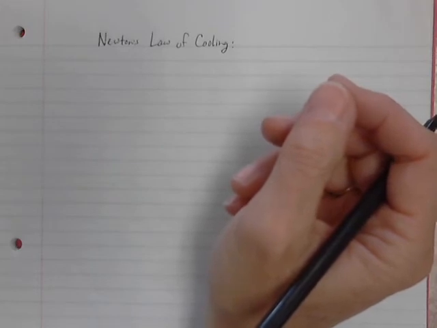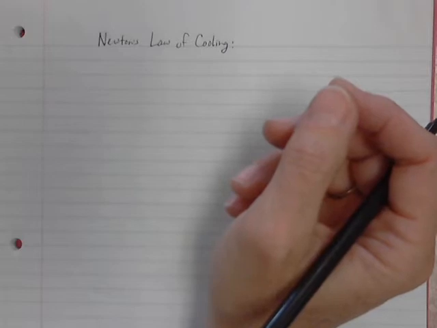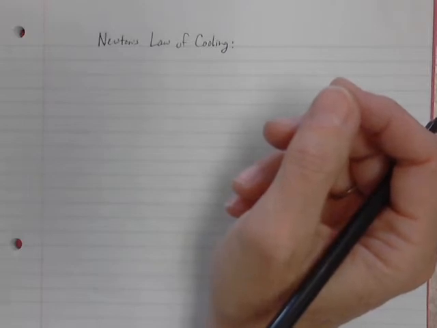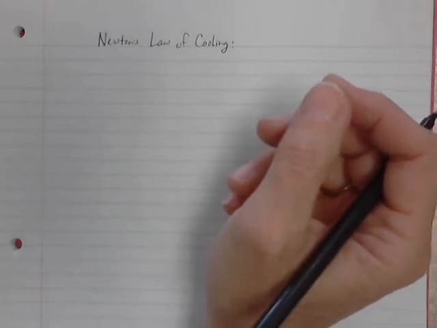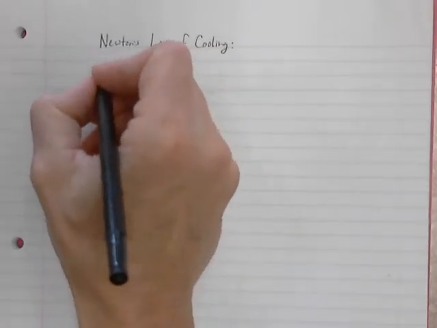Or if you take something cold, like say take something cold out of the refrigerator, it's going to warm up in proportion with the difference between its temperature and the surrounding temperature. So Newton's law of cooling has a formula that goes like this.